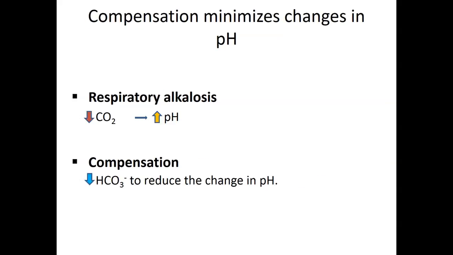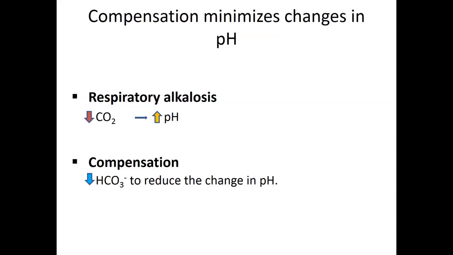Now, the respiratory alkalosis, on the other hand, means the CO2 is low, your pH is high, your body will compensate by trying to decrease the bicarbonate, and that will try to maintain the blood pH in that sense.